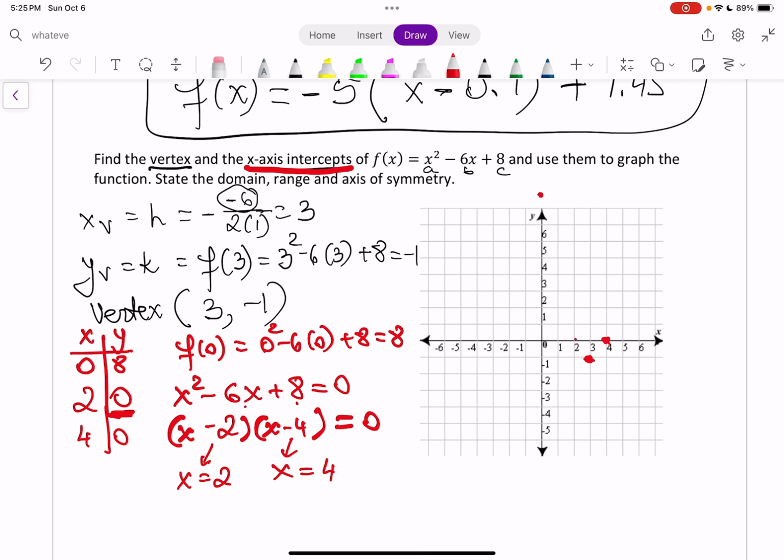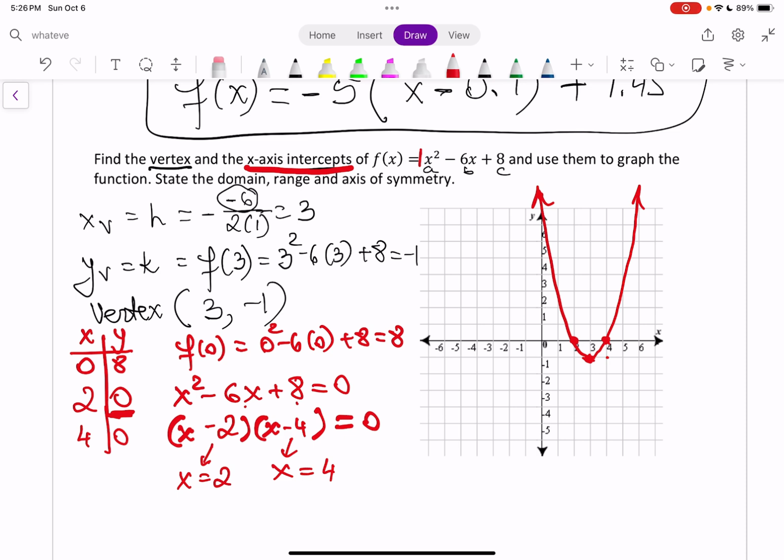And of course, if you actually think about it, this should very much make sense, because what is our a value? Our a value is a 1. So from the vertex, you would have to go 1 unit to the right and then 1 unit up. So this is how narrow the parabola is. Okay. And there is its graph.